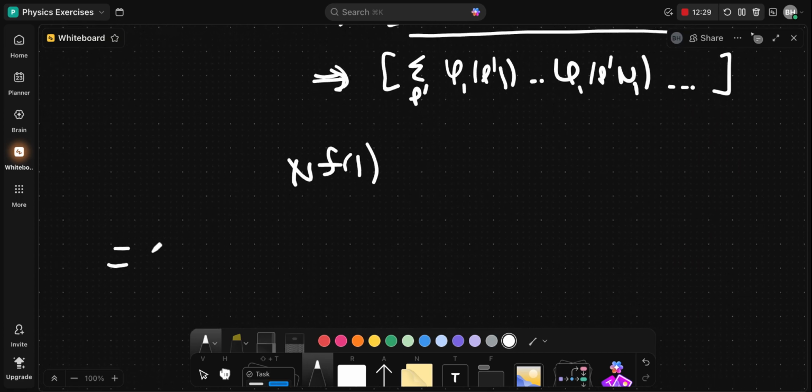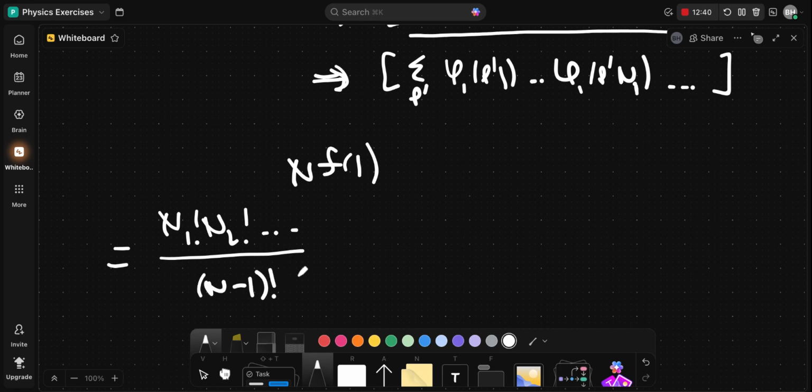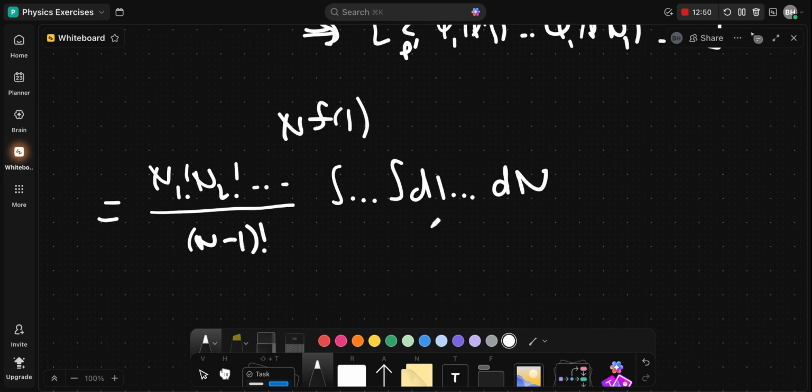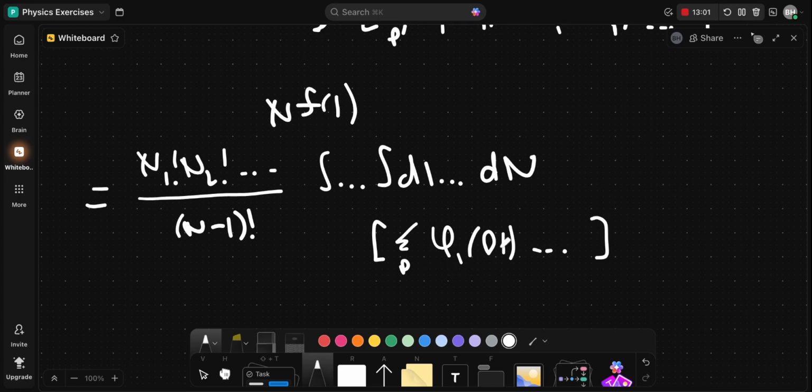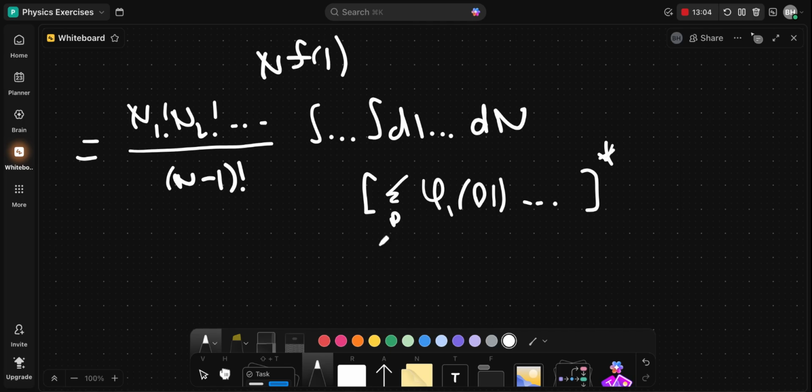So we have n1 factorial, n2 factorial, divided by n minus 1 factorial, integrals d1 through dn, and the sum over p of phi 1 p1, etc., asterisked, times an f1 only.